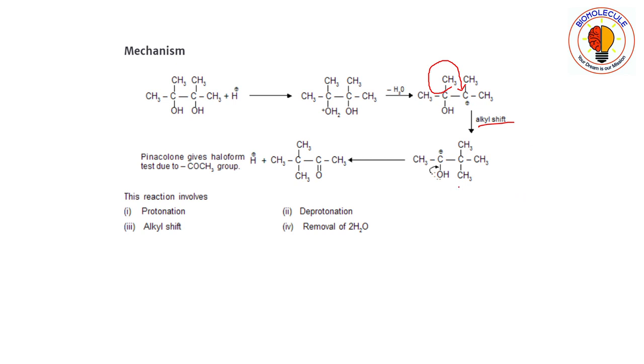This one is the methyl group which has shifted. This shift is a 1,2 alkyl shift, since the starting position is 1 and the ending is 2. That is how it is named: n comma m shift, where n means starting position and m means ending position.